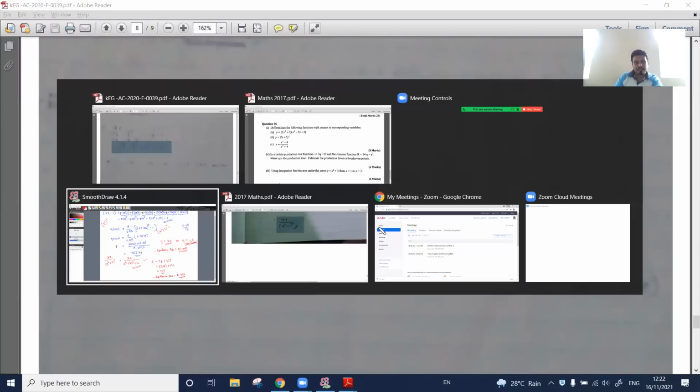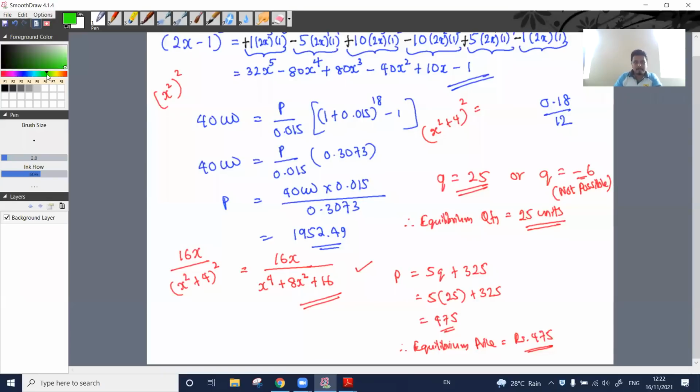This student has not arranged this quadratic equation in its standard form. What is the standard form? ax squared plus bx plus c equals 0. This is the standard form of a quadratic equation, right?